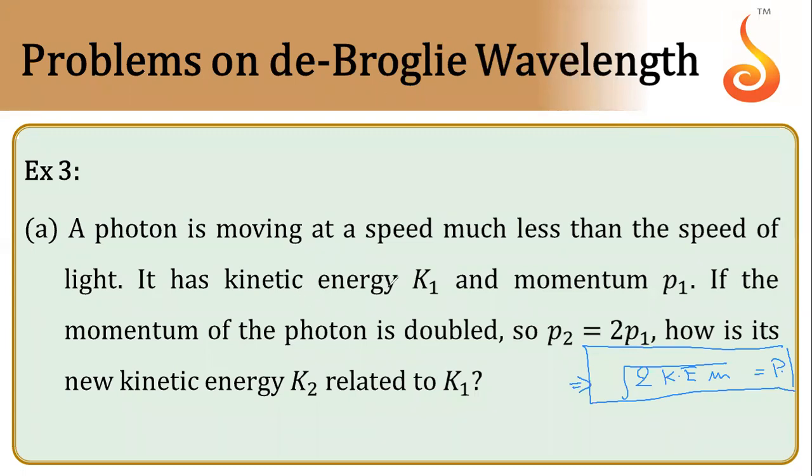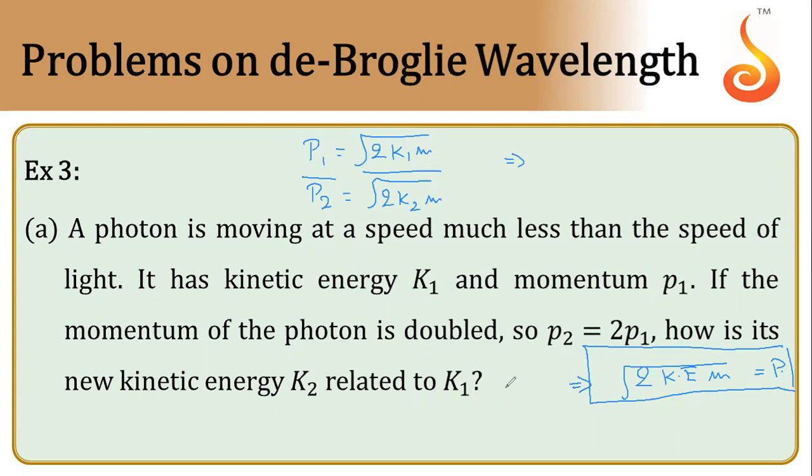It is given that, let's say, initial kinetic energy was k1. So initial momentum p1 is root of 2 k1 m. Finally, let's say momentum is p2, so p2 will be root of 2 k2 m. Let's divide these two equations.